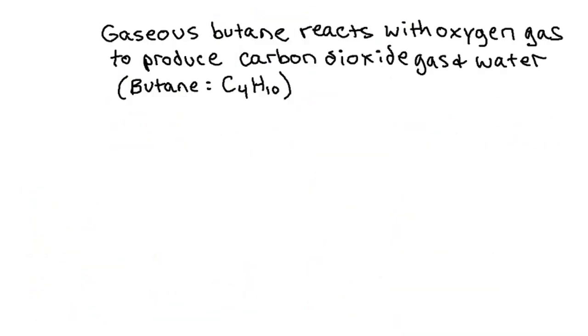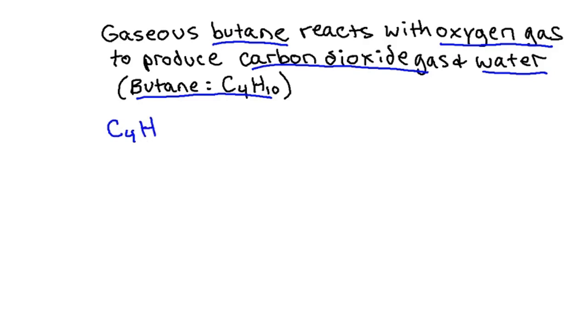Okay, so another one, gaseous butane. Butane reacts with oxygen gas to produce carbon dioxide gas and water. And you see here we gave you butane as C4H10. So we know that butane, gaseous butane, is C4H10. But it reacts with oxygen gas.